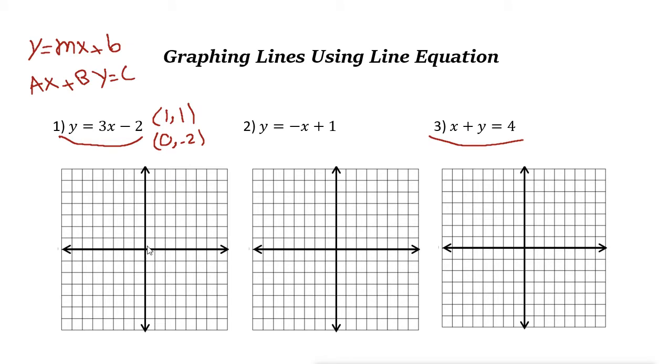Let's find these 2 points. (1, 1) is easy to find. It's 1 unit to the right and 1 unit up. And this point here is (0, -2). So x is 0 and for negative 2 we go 2 units down. Now to graph them, you just need to connect these 2 points and continue, and you get a line like this.